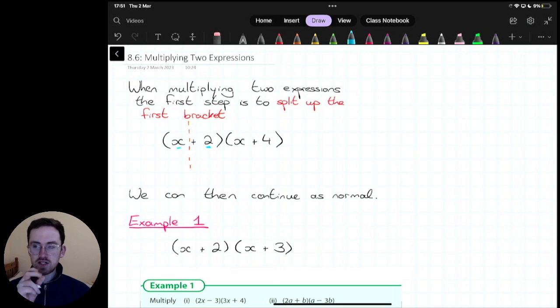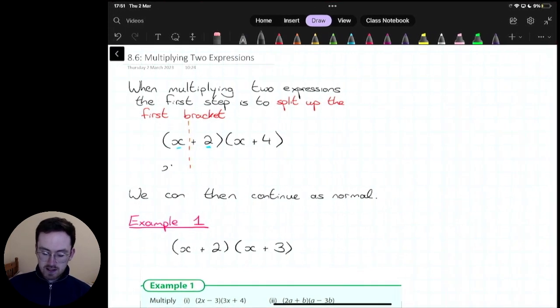And that's where we're going to divide up our bracket. How we divide it up is similar to what we've done in the previous ones when we've been multiplying and removing the brackets. So what we write is x, and then we take the second bracket, x plus 4, then we take the plus 2, and then we have x plus 4 again.